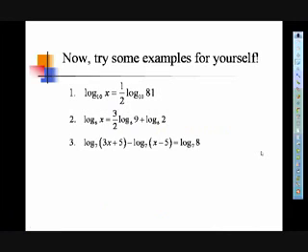Here's your next one. Log base 7 of 3x plus 5 minus log base 7 of x minus 5 is equal to log base 7 of 8.